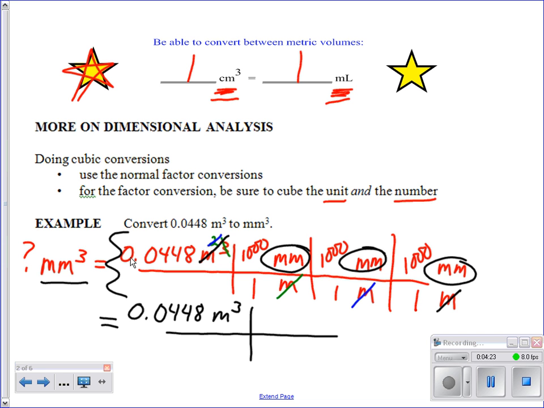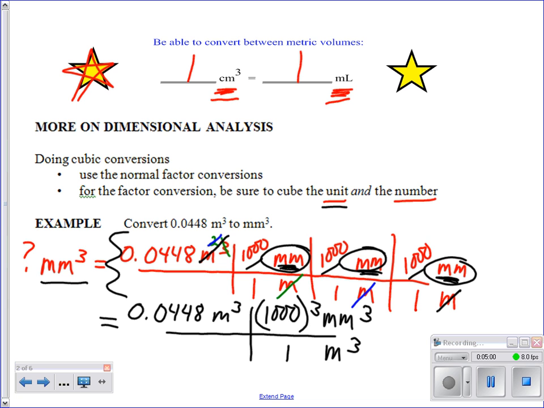You want to get rid of your cubic meters and go to cubic millimeters. Now notice what we had to do. Not only did we cube the unit, which is what we mentioned here, but this number of our conversion is also cubed. So another way that you can show your work is by showing that with parentheses, that is cubed.